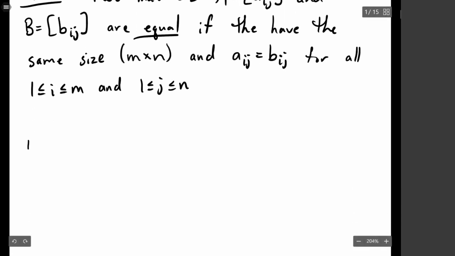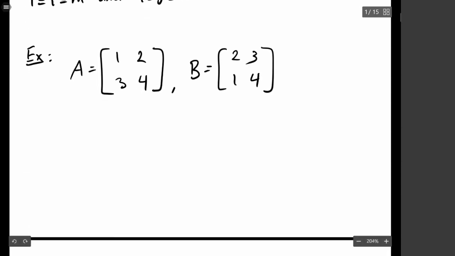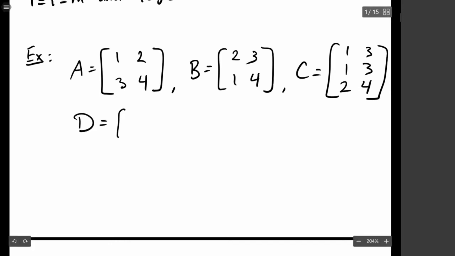So for example, if we have A equals 1, 2, 3, 4, B equals 2, 3, 1, 4, C equals 1, 1, 2, 3, 3, 4, and D is 2, 3, 1, 4.